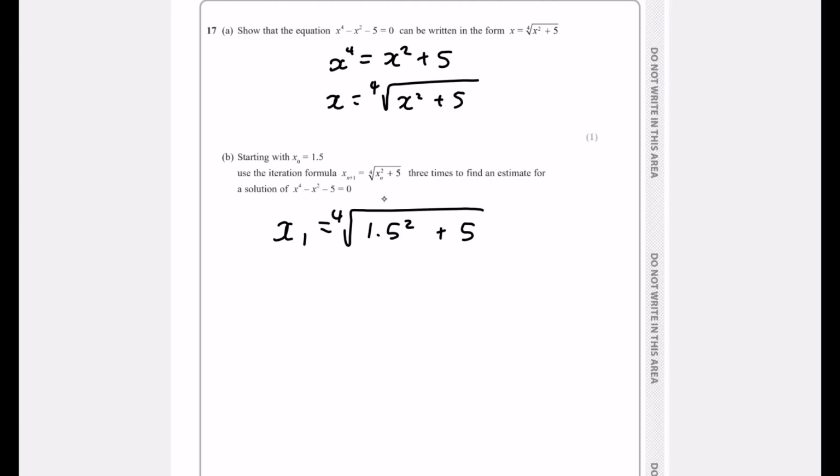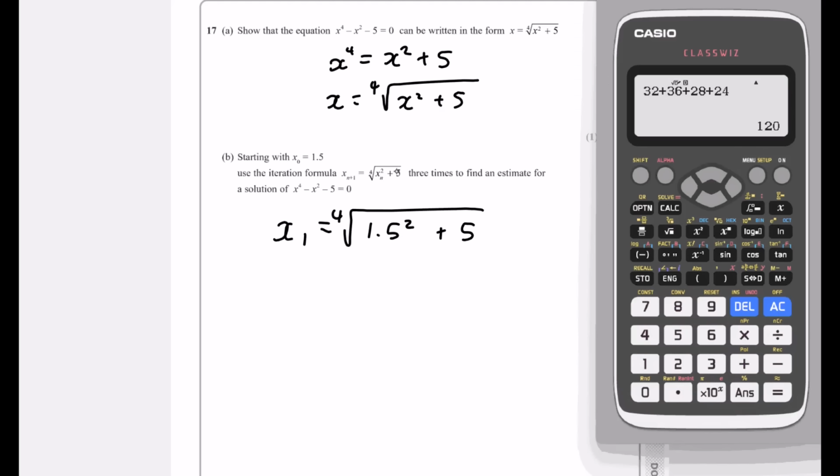So we're putting in 1.5 for x first. And what I'll do, I'll get that as my answer, so I can use the answer button. And then the fourth root of answer squared plus 5. So that's 1.5 at the moment. Press equals. I get 1.6409.